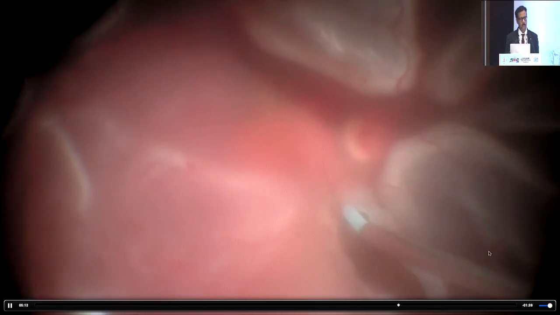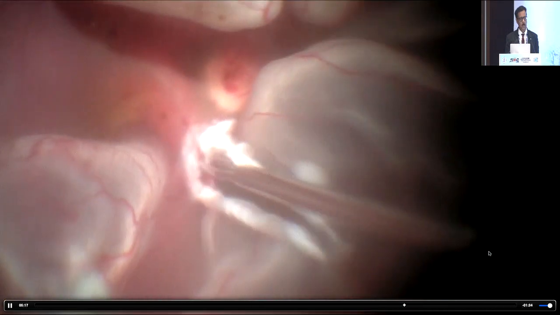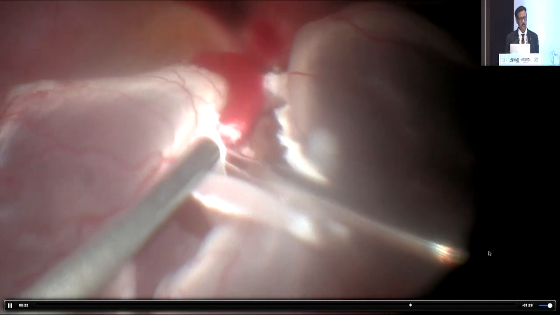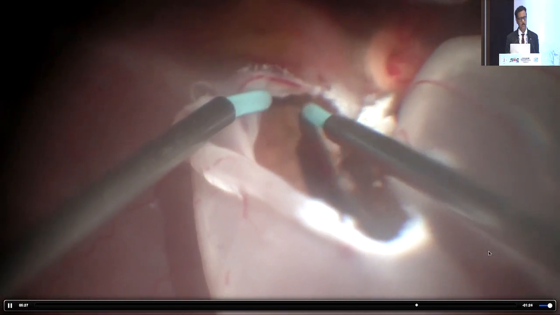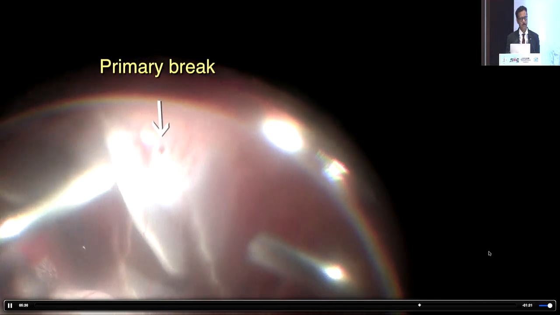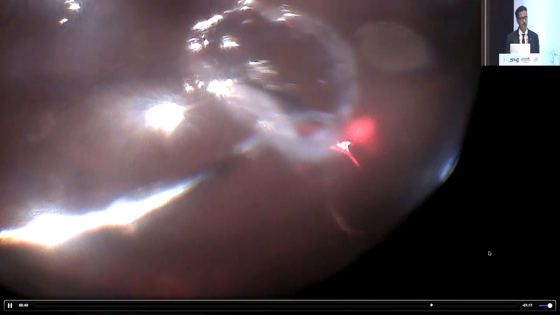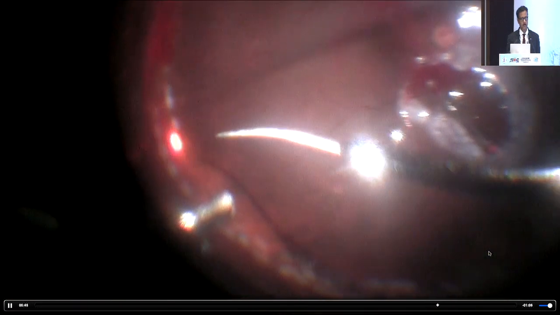Subretinal blood removed. Incarcerated retinal tags released. Primary entry break detected inferiorly. Retina settled by direct fluid exchange. Posterior pole break as well as peripheral break lasered. 360-degree barricade laser done and the case ended with silicone oil injection.